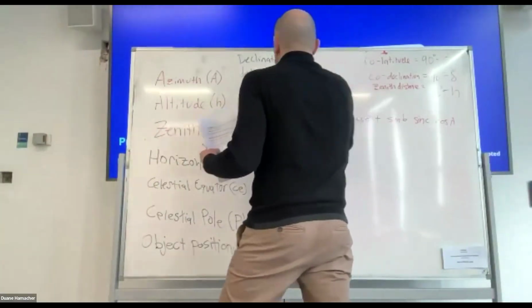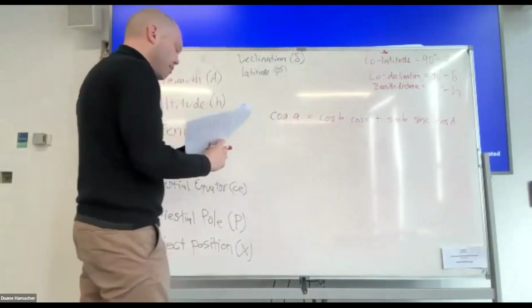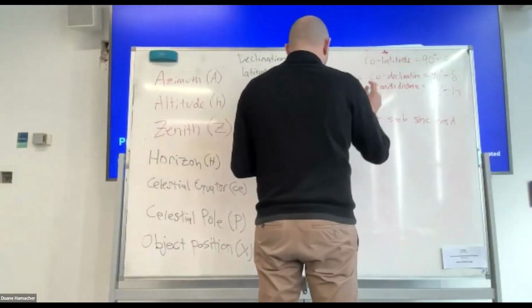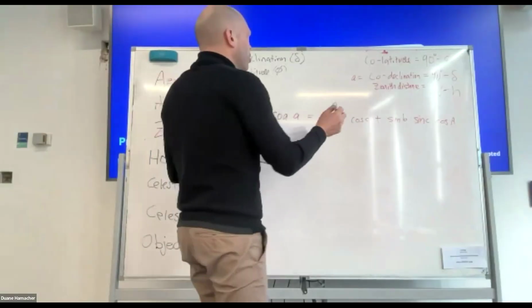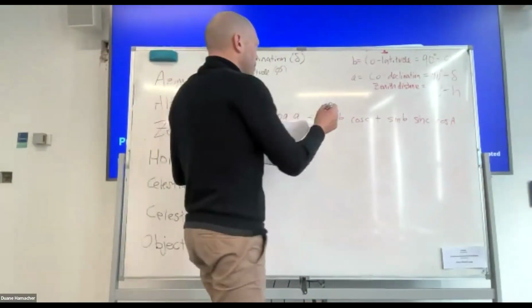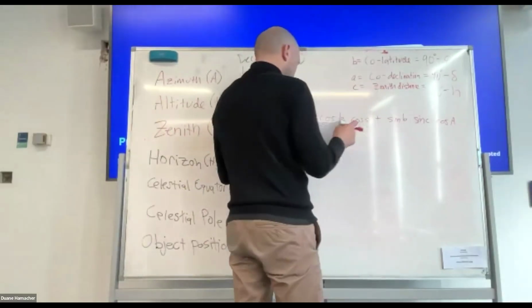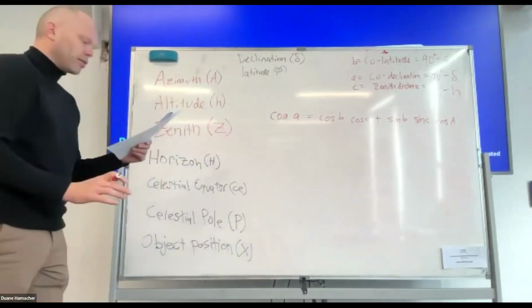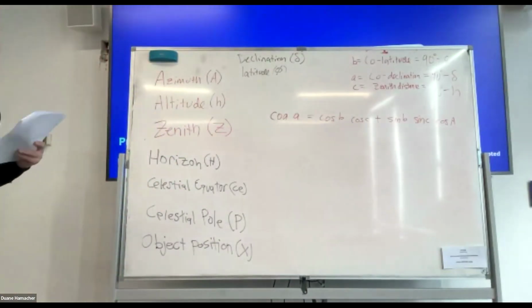Let's define each of these as A, B, or C. Our co-declination, we're going to call that A. We're going to call our co-latitude B. We're going to call our zenith distance C. And our azimuthal angle is going to be A, right? That's the angle at Z.